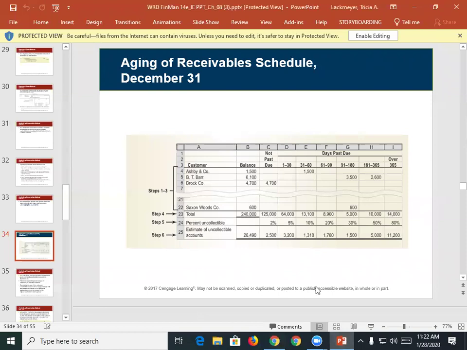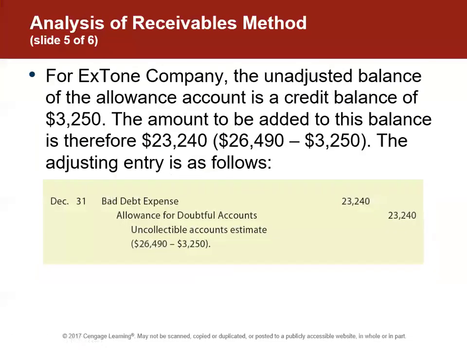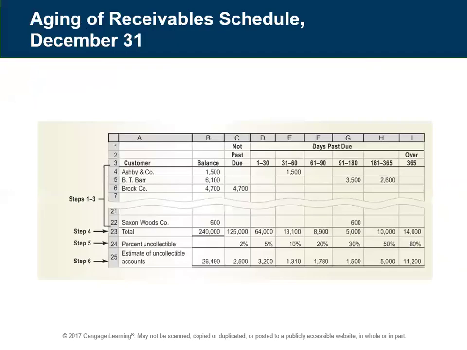So I'm going to go back into the PowerPoint. So what we have now, just let me write this on the board first. When we did the example in the PowerPoint, our uncollectible accounts estimate was $26,490.